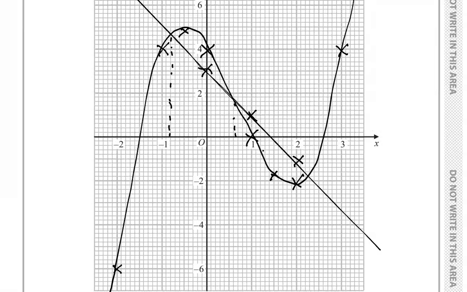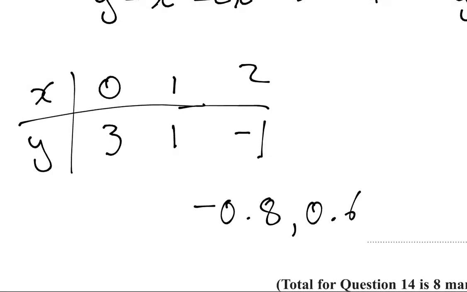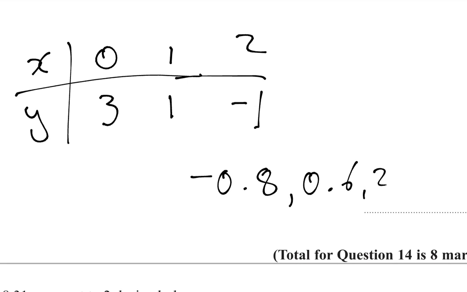which looks like we've gone a little astray from my dot, but according to my graph, it's 2.3. I'll tell you what the mark scheme says in terms of what you're allowed on your graph. From this one, you're allowed anything from minus 0.9 to minus 0.7.